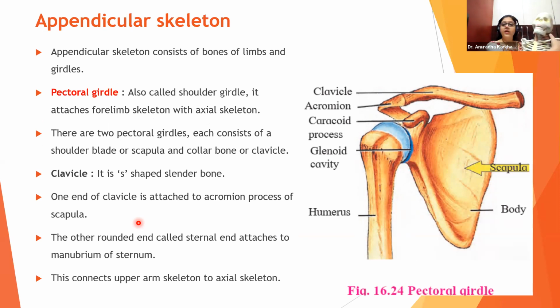So this pectoral girdle and this pelvic girdle, right? These will come under appendicular skeleton. Okay, so pectoral girdle, also called as the shoulder girdle, it attaches forelimb skeleton with the axial skeleton.